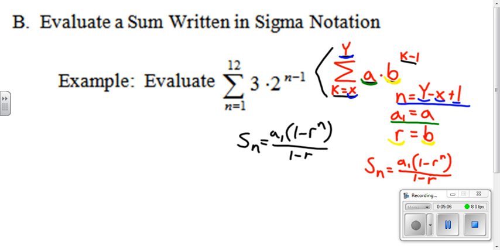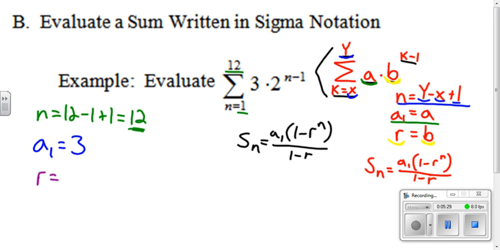So in this case, our n equals 12 minus 1 plus 1, so it's just going to be 12. Our a sub 1 value is just going to be that 3, the one in front. And our r is going to be the one raised to the power, so it's going to be 2.